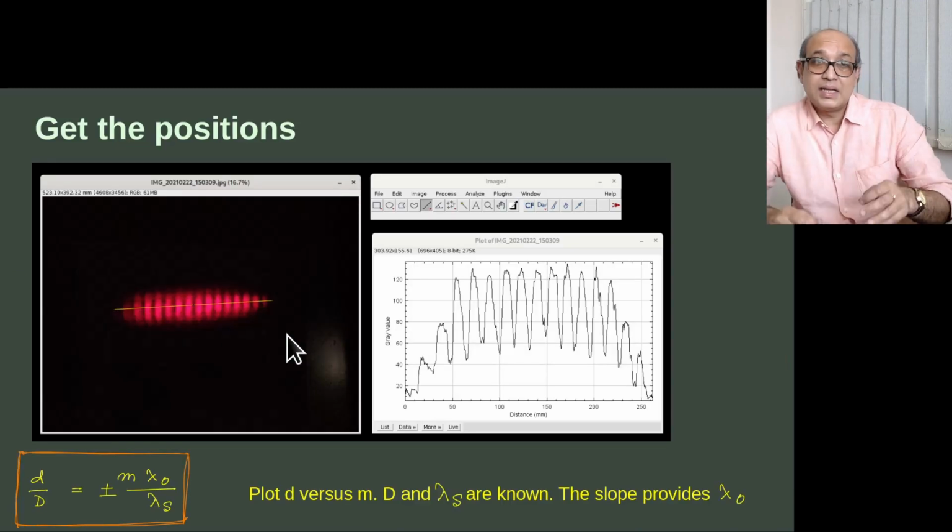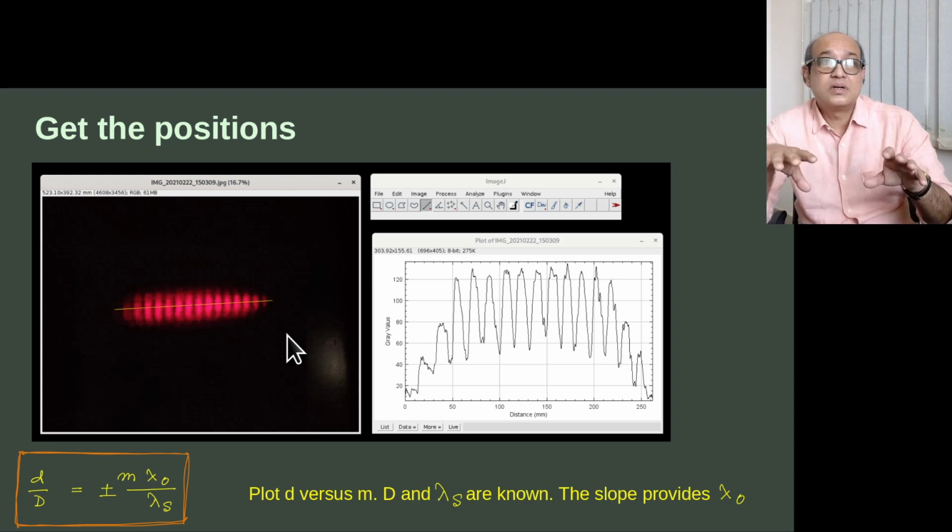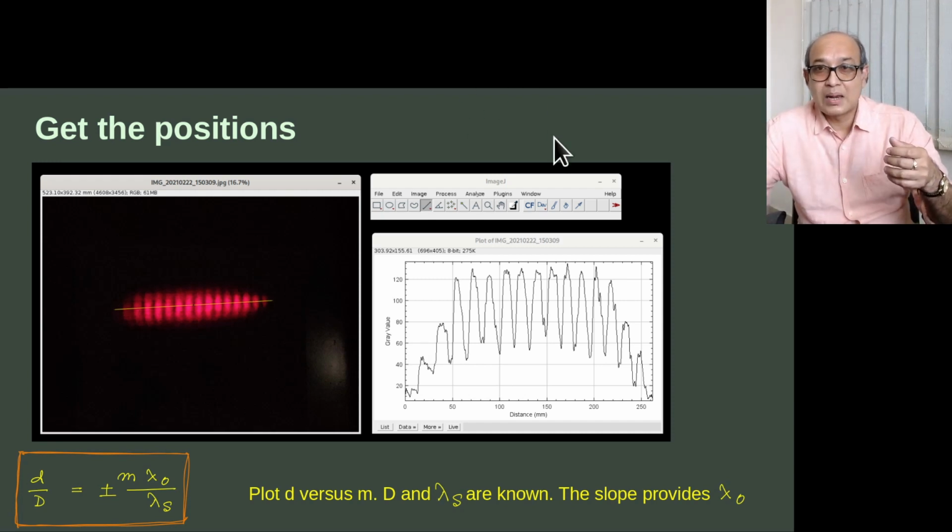As for getting the position from the Raman-Nath pattern on the screen, you can take help of the ImageJ software, which does the following.